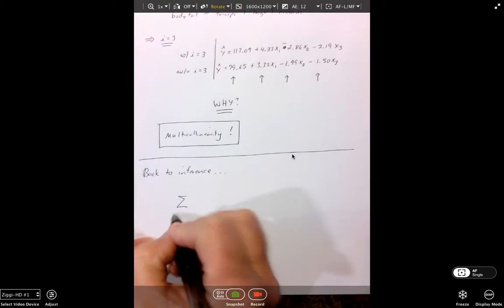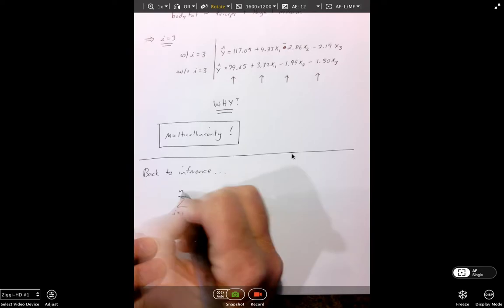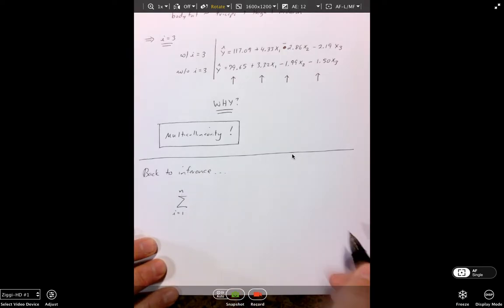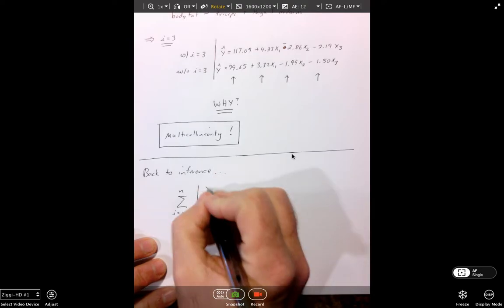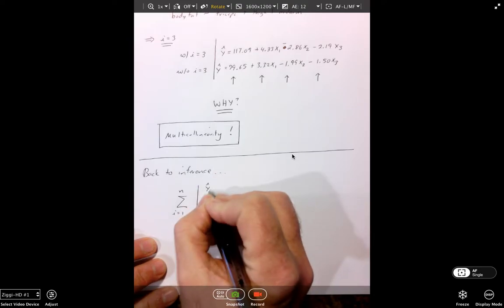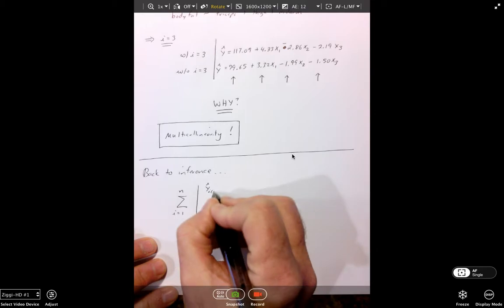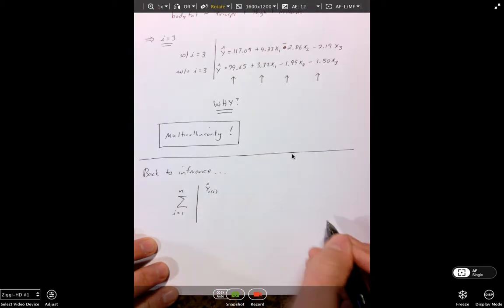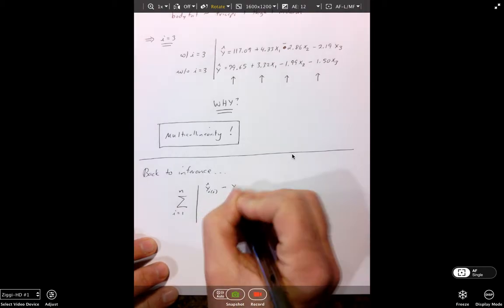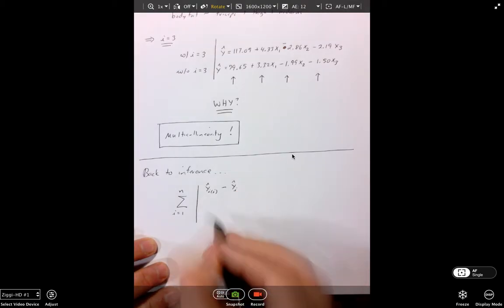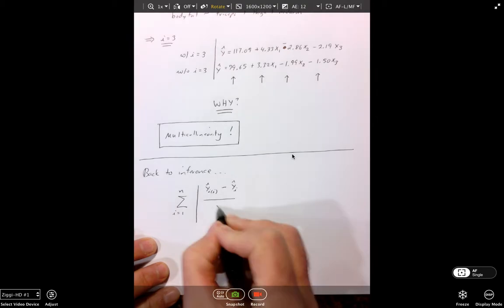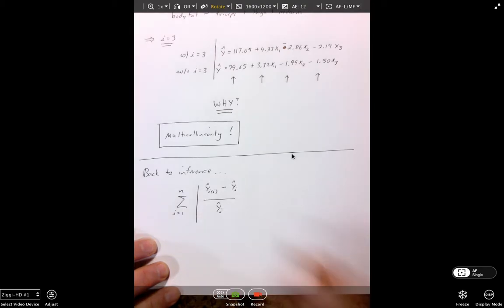If we take the sum from i equals 1 to n, so we're going to look at this across all cases, of the absolute value of the predicted value for i with the ith case deleted minus the predicted value for i with the ith case not deleted, divided by the predicted value sub i.